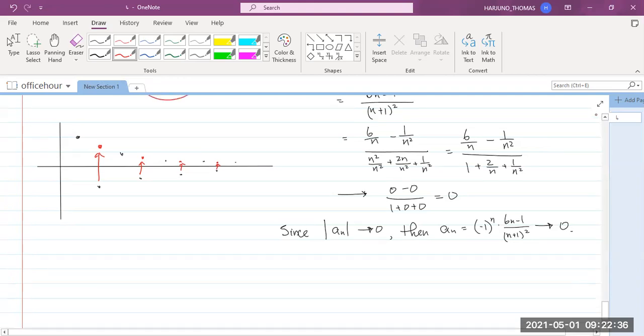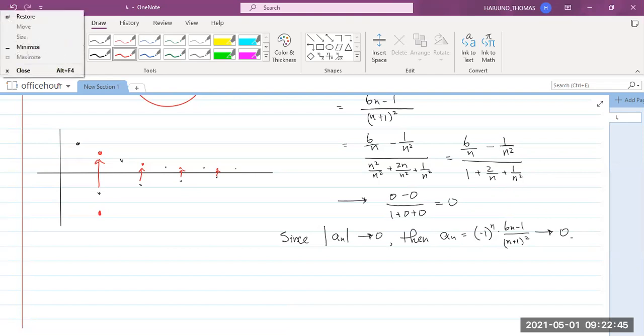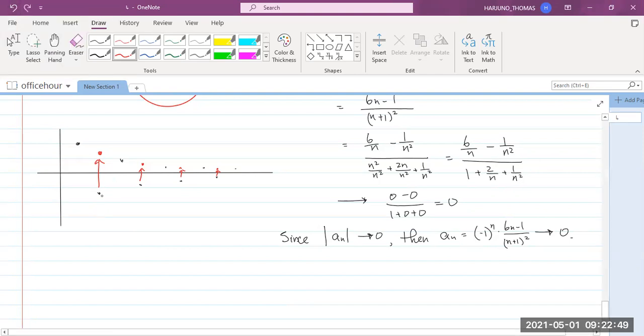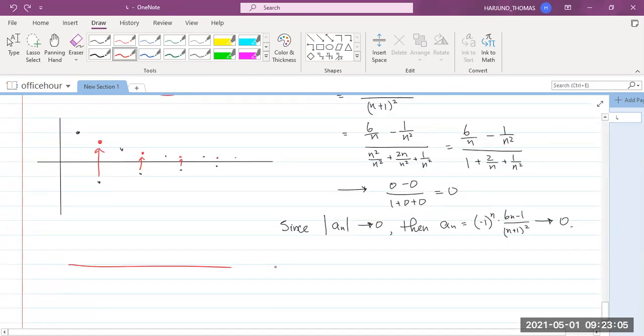Maybe I write it formally. Note: if the absolute value of a sub n converges to something else, it does not imply that a sub n converges to that.